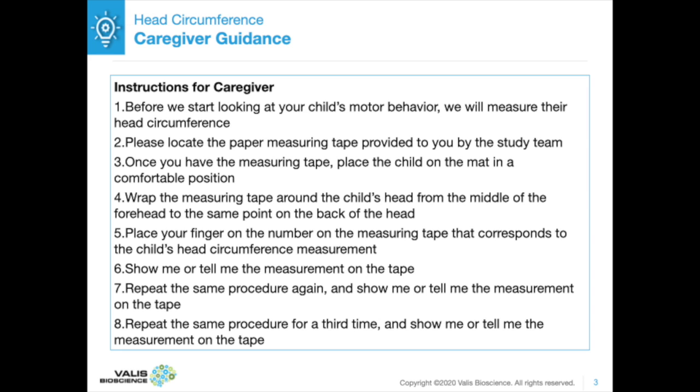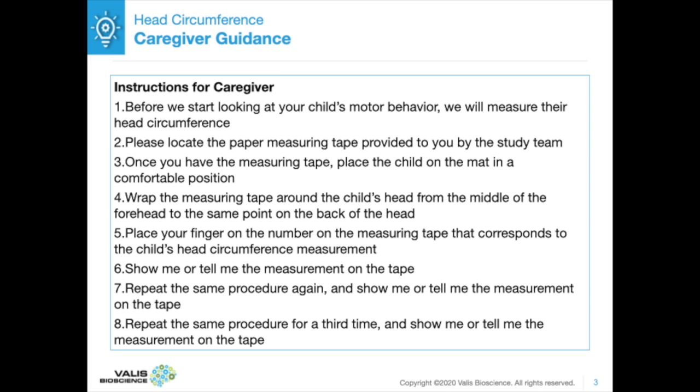Therefore, the results of the study provide strong evidence for confidence in caregiver measurements of head circumference, and suggest that with proper instructions, a trained clinician may be able to guide the caregiver to perform these measurements. Before beginning to instruct the caregiver, ensure the child's head is visible on camera and the view is not obstructed. For this study, you will use the following instructions to guide the caregiver in conducting the head circumference measurement.